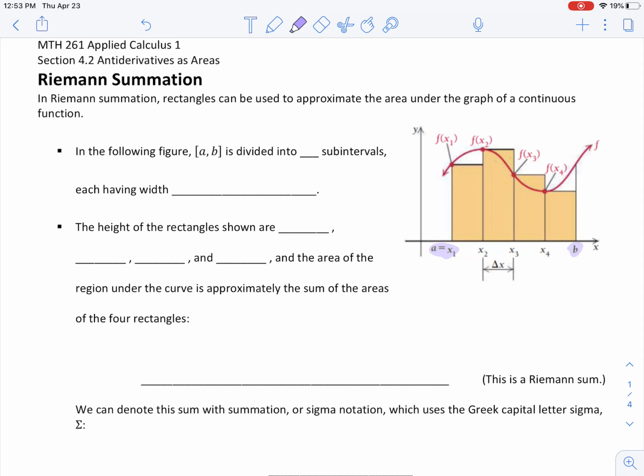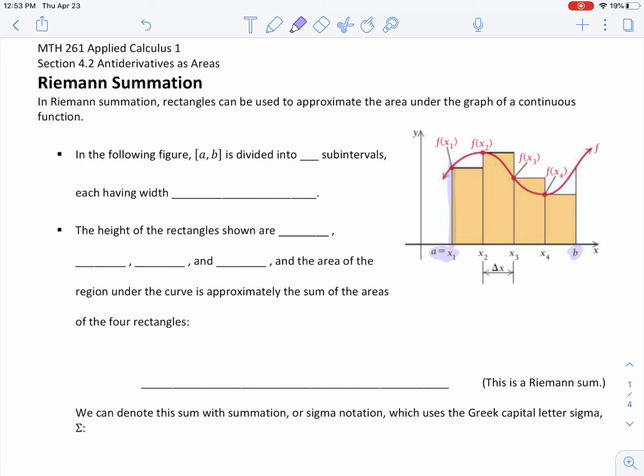The Riemann summation. In Riemann summation, rectangles can be used to approximate the area under the graph of a continuous function. And we say approximate because take a look. If you're interested in finding the area from A to B, like say this is A, which is x1, and this is B, what I really want is everything that I'm shading in purple right there, right?